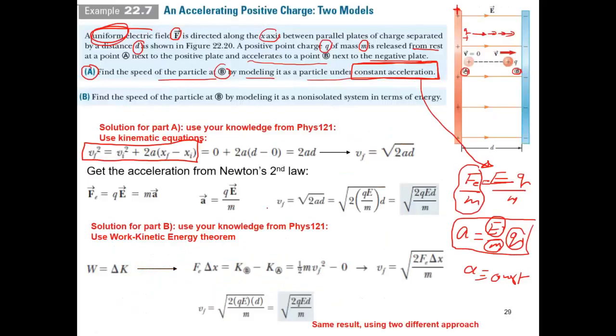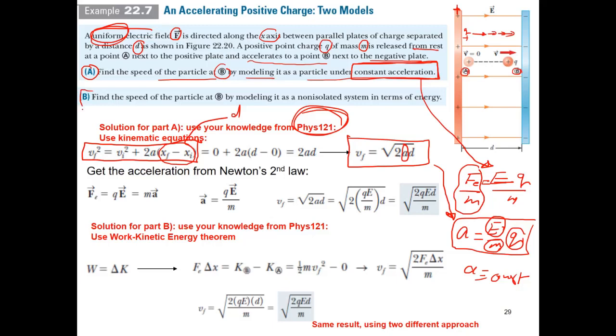V final squared is equal to V initial squared plus 2A delta X. And our delta X simply is D. We just got it. But what's A? It's already given here, but I already did it for you. This is A. So you just plug it in, you find V final, done. This is something we learned from physics 1, right?